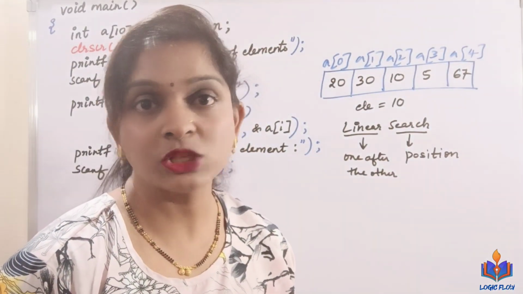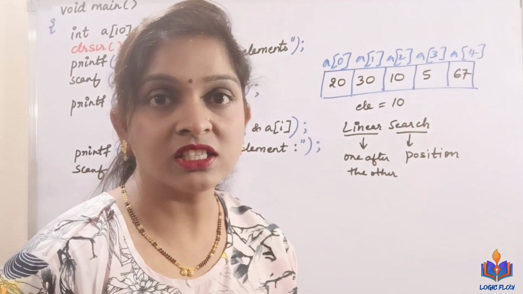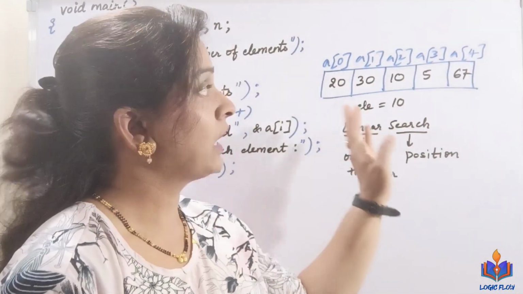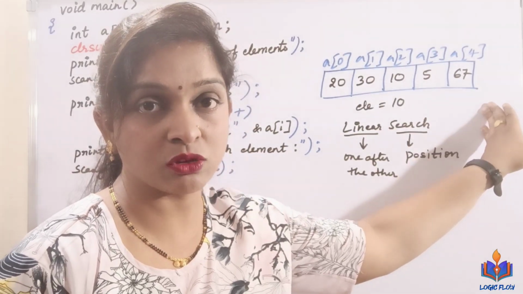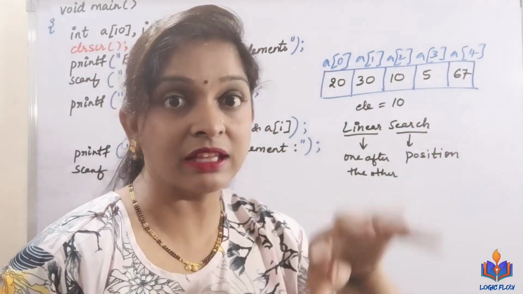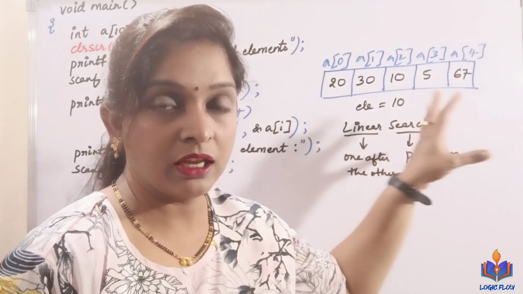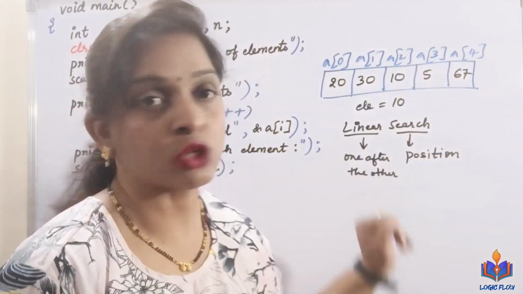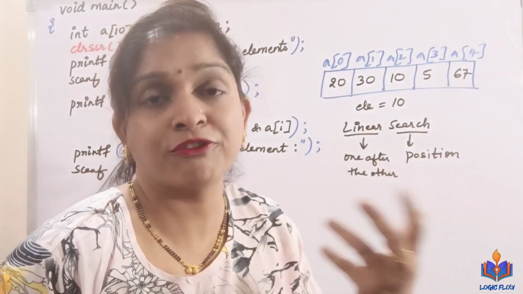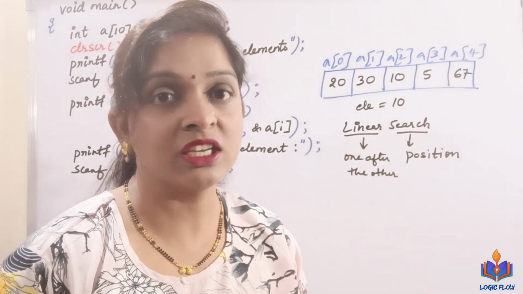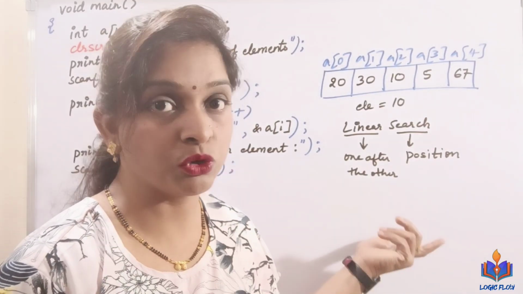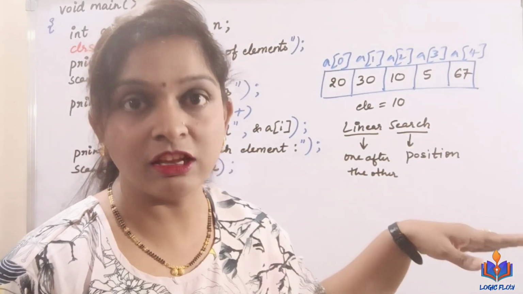In linear search, I have to start searching from the first element and go on up to the end. If I find the element somewhere in between the array, I'll simply stop searching. For example, if I'm looking for something and I get it, I'll stop searching further. That is what we do here. But we have to go in a linear fashion.